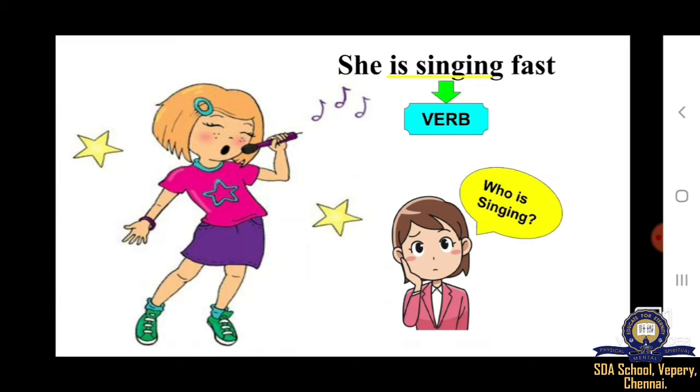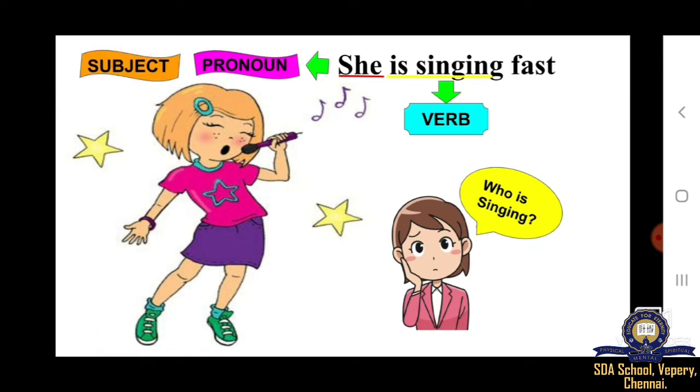No. But if I say who is singing, then my answer is she. Children, here she is a pronoun. So what do we notice? A subject can be a noun or pronoun.